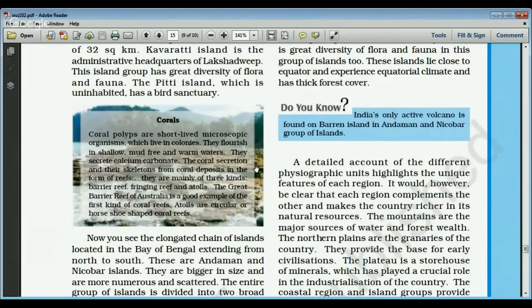We'll see more about corals, their bleaching and their formation. There are three types of corals: barrier reef, fringing reefs, and atoll. These are the stages of formation of coral. The Great Barrier Reef of Australia is a good example of the first kind of coral reefs. And atolls are circular or horseshoe shaped coral reefs.